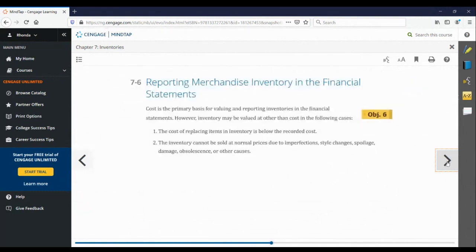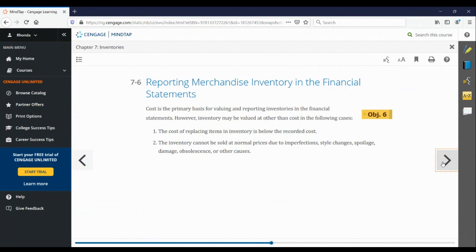Another thing that we probably need to talk about that we have not talked about is that sometimes companies can use what they call the lower of cost or market method to value their inventory. So sometimes inventory can be valued at something other than cost. It might be valued at the lower of cost or market.